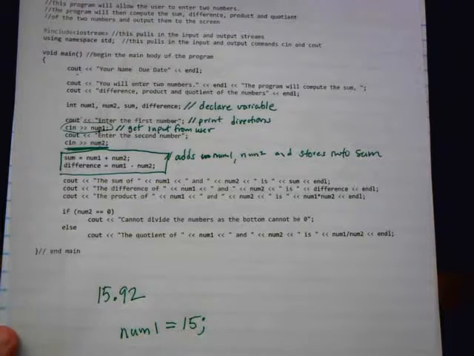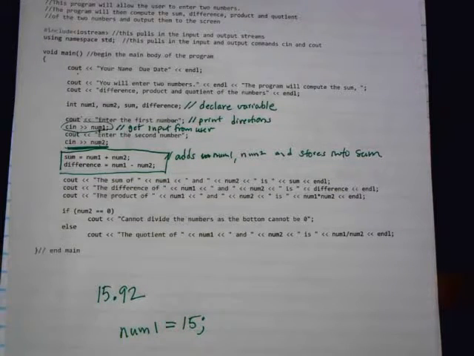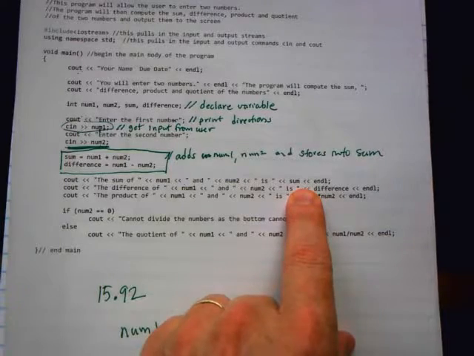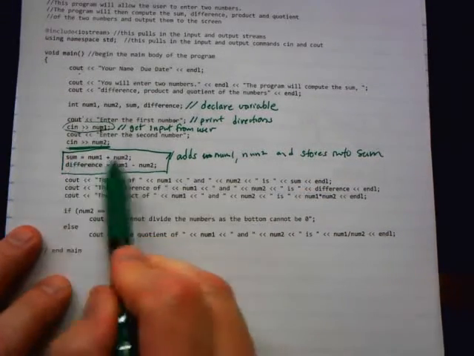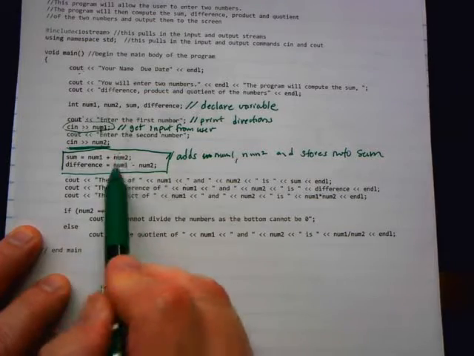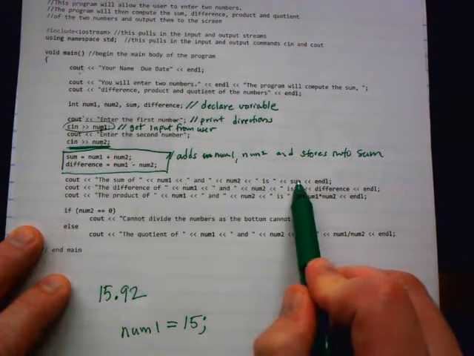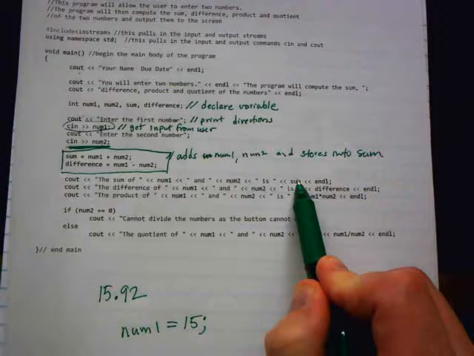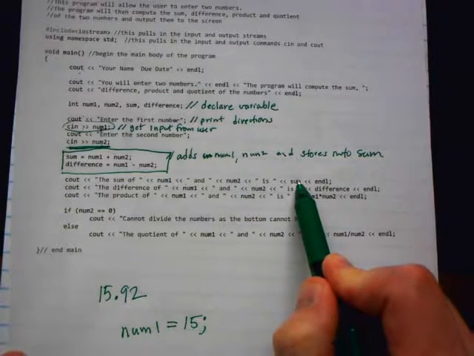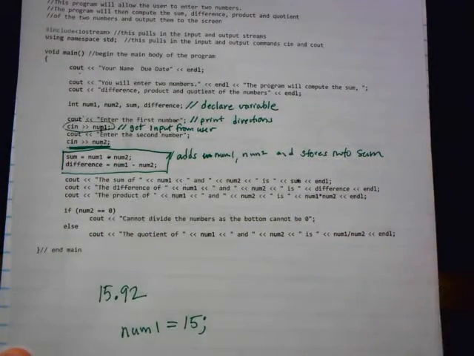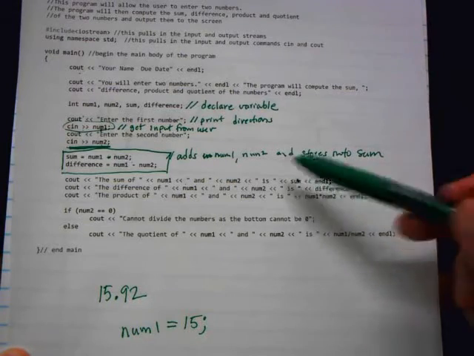If all you're going to do is print something, it's really not a great idea to call it a variable. Unless perhaps it has a formula that is pretty complicated. Then it's probably worth creating a variable and writing the formula separately, and then later on just saying, well, print that variable for me. But in my opinion, this really isn't a very good idea. I really shouldn't have done these two lines. I should have just put num1 plus num2 right here. But I did it this way on purpose so that I could describe to you this point, that this isn't a great idea. And when you use a cout, you can use it in two different ways.